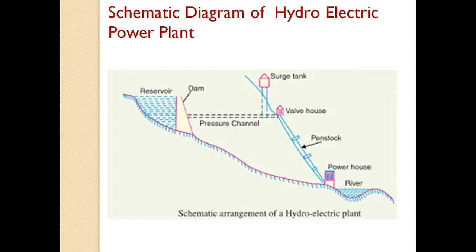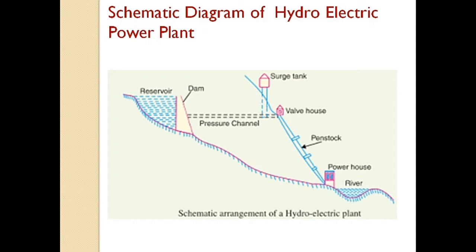Now, the type of dam also depends upon the foundation condition, local material, transportation available, occurrence of earthquakes and other hazards. At most of the sites, more than one type of dam may be suitable and the one which is most economical is chosen.